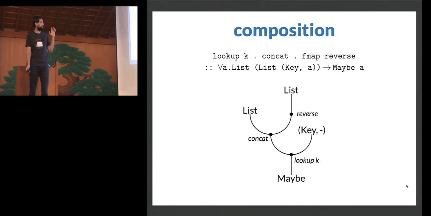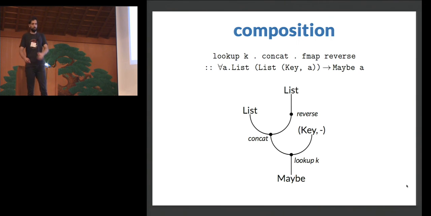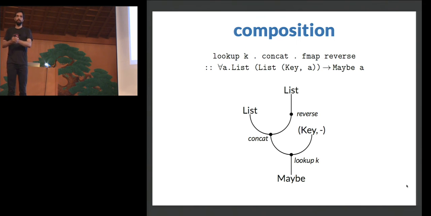So fmap means that we don't touch the first endofunctor, the first layer, but we reverse what's inside. So fmap puts the reverse on the right string. That is, we reverse the inner lists. Okay. So this is what we need to know about string diagrams for this talk.